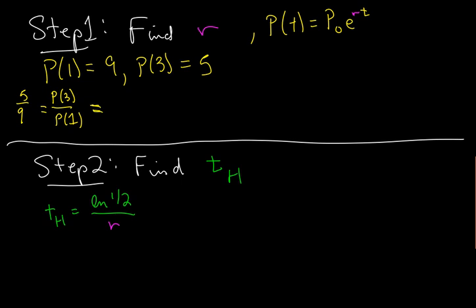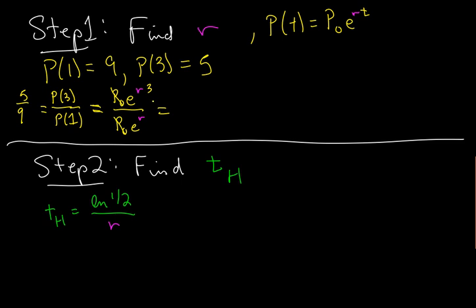Now, why am I going to do that? Because p of 3, if I plug that in, I get p0 e to the r times 3. And I divide by p0 e to the r times 1, so I won't even write the 1. And look what happens. P0 cancels out. That's nice. So that's the reason why we don't need to know what the initial value is.